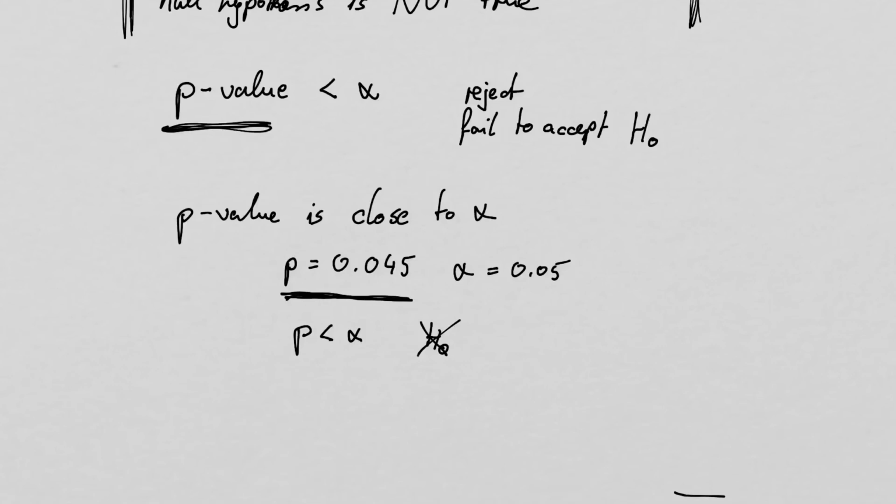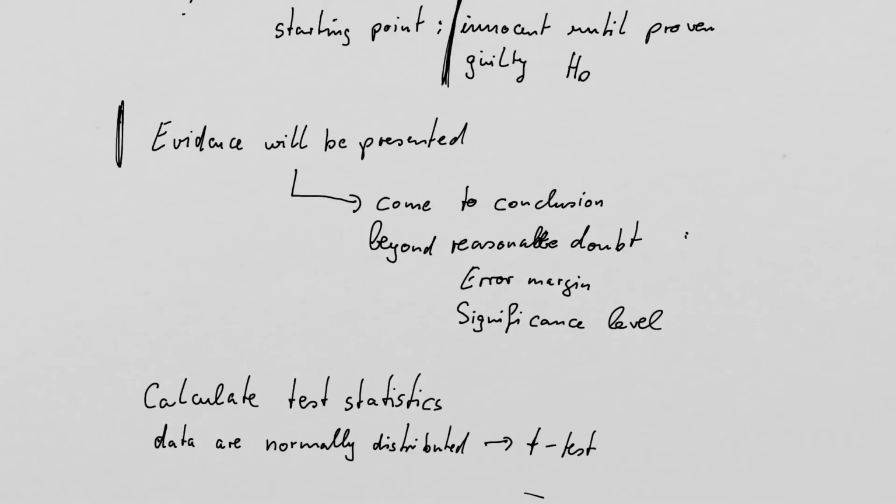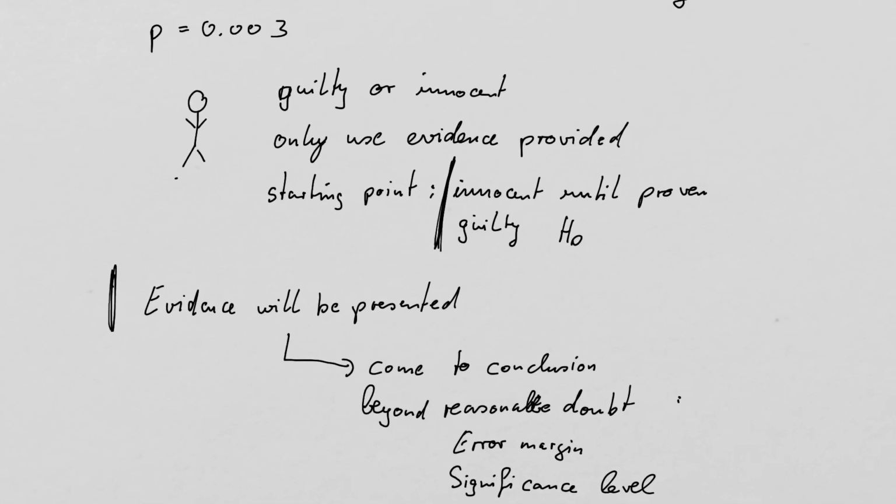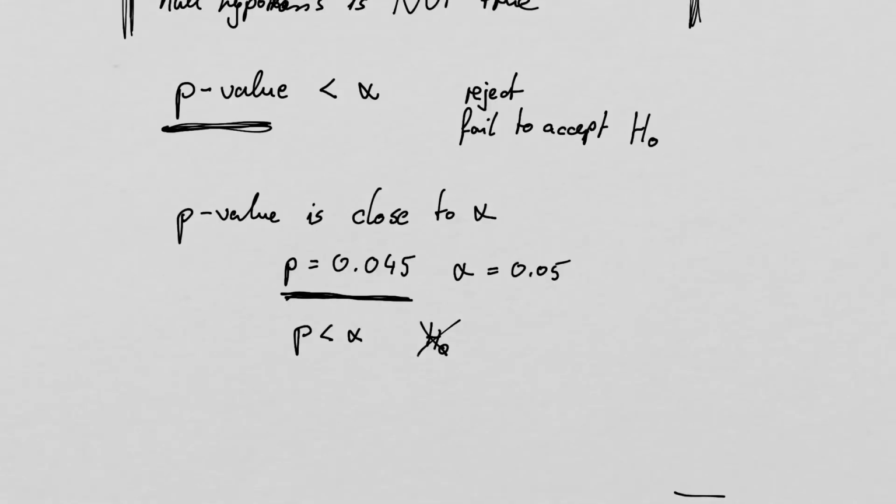More data is like saying we need more evidence, but we don't have more evidence. So in a way, null hypothesis testing only relies on the evidence of the samples.